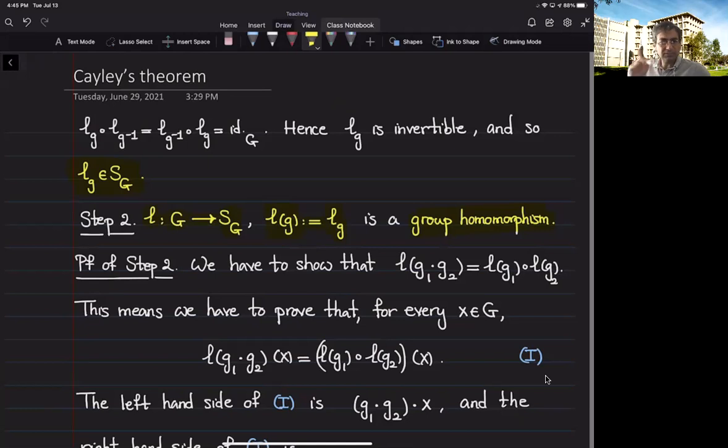So try to understand each one of these functions one step at a time. So L is a function from G to S sub G. What is S sub G? S sub G itself consists of bijections. The way that we are defining it, L parentheses G is supposed to be L sub G.